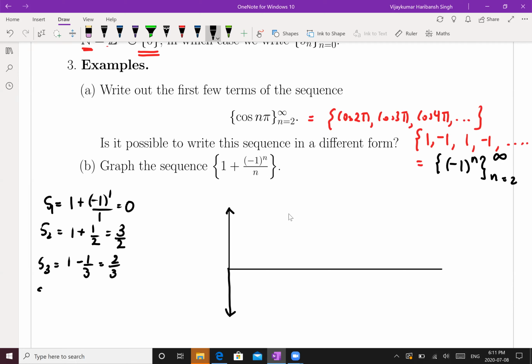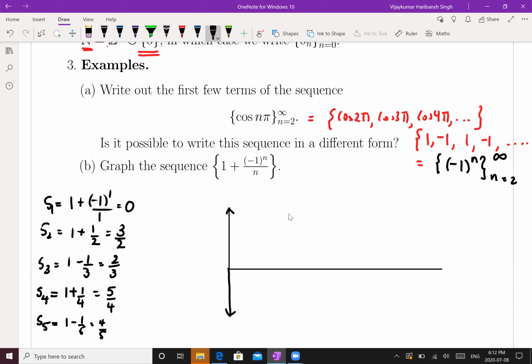What about S4? S4 is going to be 1 plus 1 by 4, which is 5 by 4. S5 is going to be 1 minus 1 by 5, which is 4 by 5.